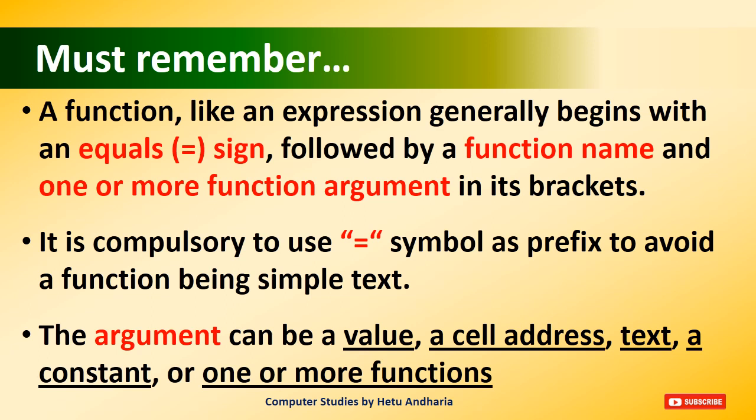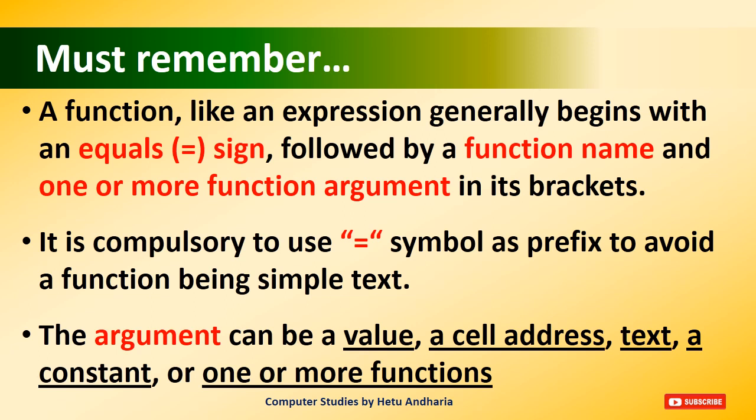If you have seen in the formula bar, it displayed =SUM(A1:D1). So what was the syntax of that function? It begins with an equal to sign followed by the name of the function. What was the name of the function? SUM. Then inside the brackets there were two arguments, A1 colon D1. So A1 and D1 were the arguments written inside the bracket.